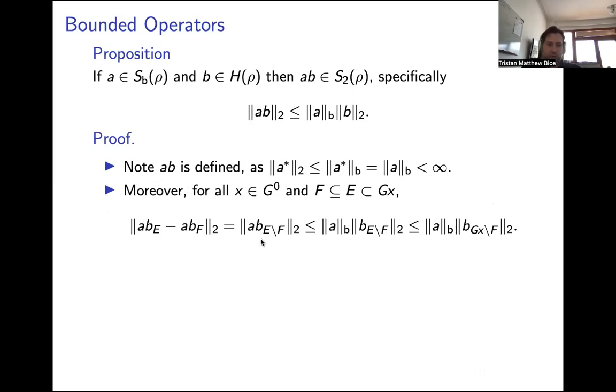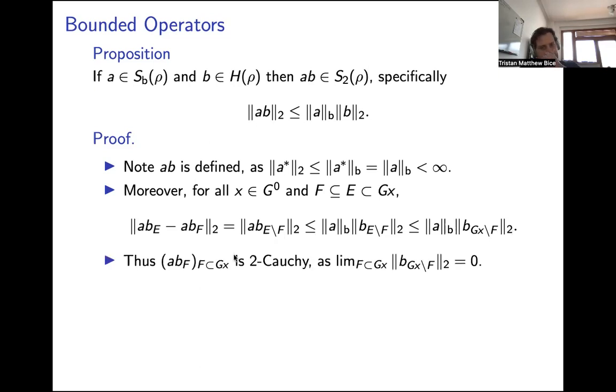Okay, so that's one issue. Now, what do we want to show? We want to show that AB actually has finite 2 norm. So let's look at the 2 norm of AB with some finite restriction, again looking at finite sets F and E, with F contained in E. Then we use the definition of the 2 norm to say this is bounded by the B norm of A times the 2 norm of that, which is definitely bounded by the 2 norm of this larger restriction.